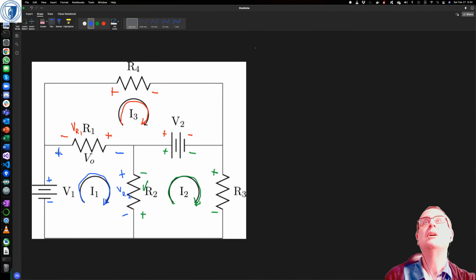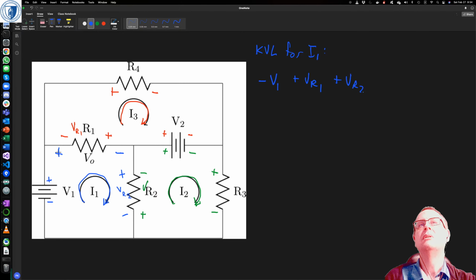Let's start with I1. So KVL for I1. Well, we're going into the negative side of V1, so it's minus V1, and it's going to be plus VR1, and then plus VR2 equals 0. Okay, so that's KVL for I1, and then KVL for I2.